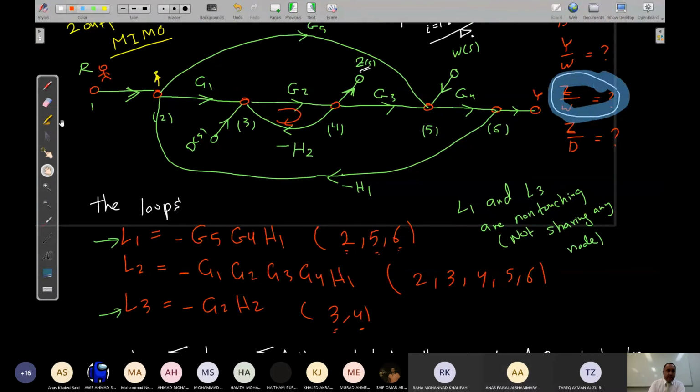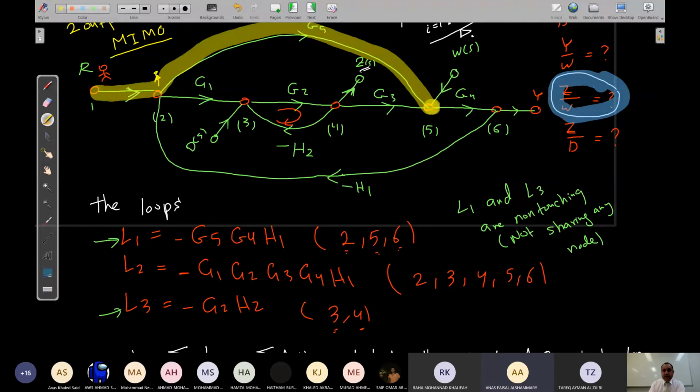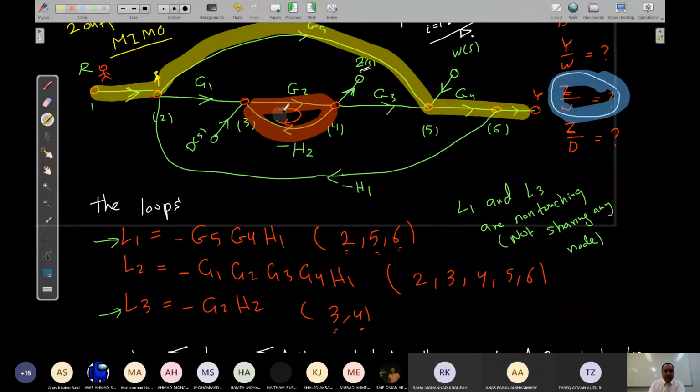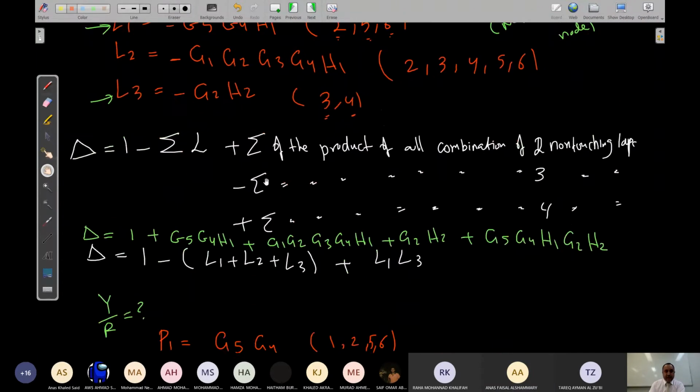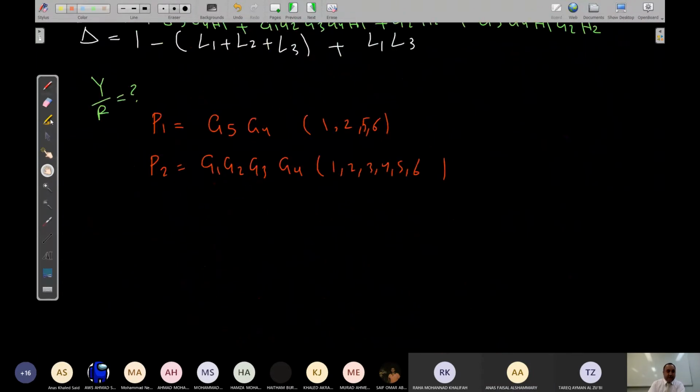No. This path touches all the loops except the small loop, G2 H2. So simply, this loop, I think it was L3.